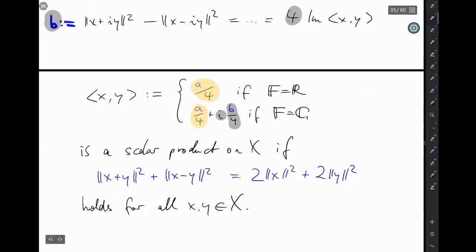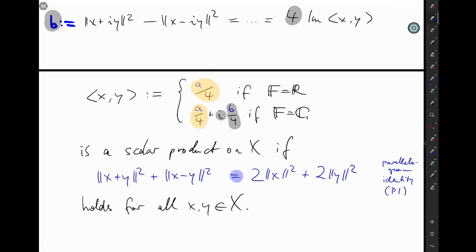This equation here is called the parallelogram identity. Let me just write down the name. Parallelogram identity, and usually abbreviated by PI.